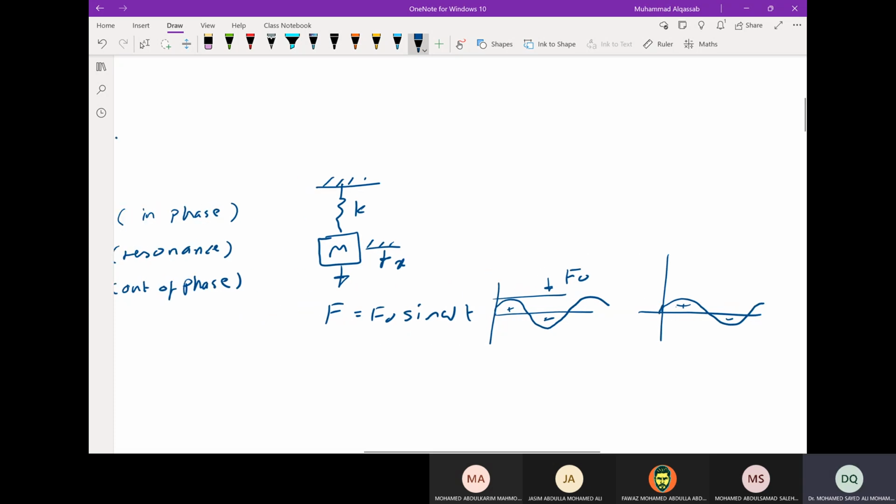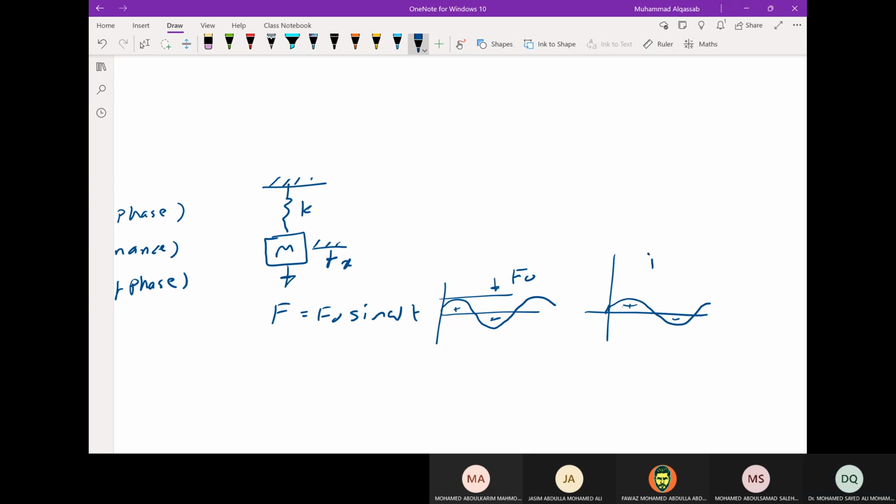Out of phase, it will be in the opposite direction. Okay, this is out of phase. If the force is in the positive direction, the mass is slower than the force.